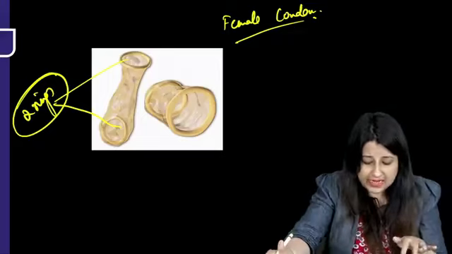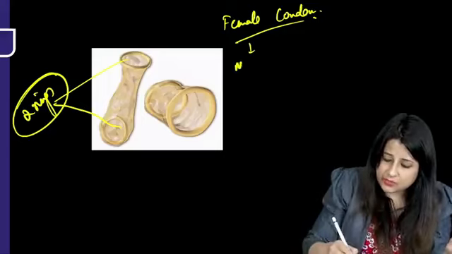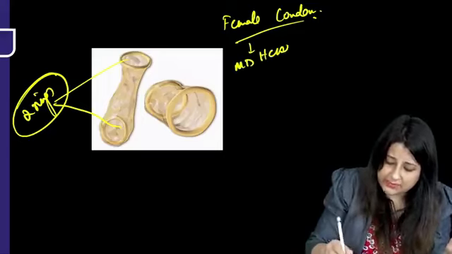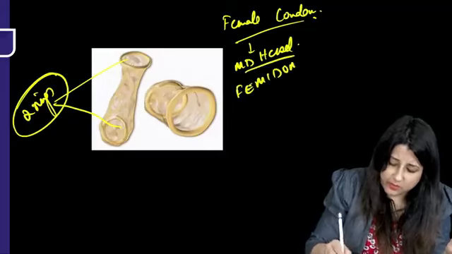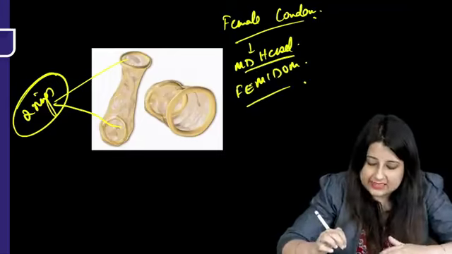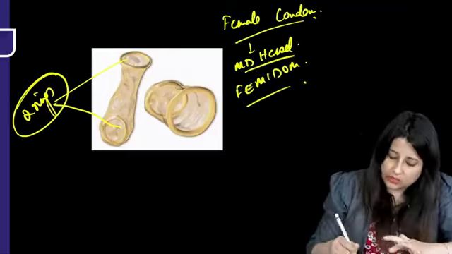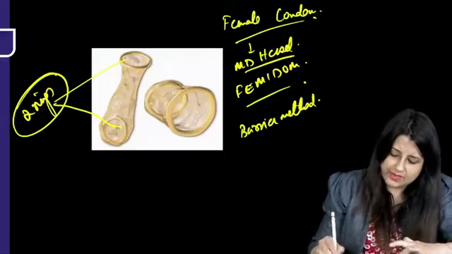Before that, I just wanted to tell you one more thing, that female condom was discovered by a person known as MD Hessel, and this is available under the name of Femidom. Now look at this. Of course, you all know that this is a barrier method.